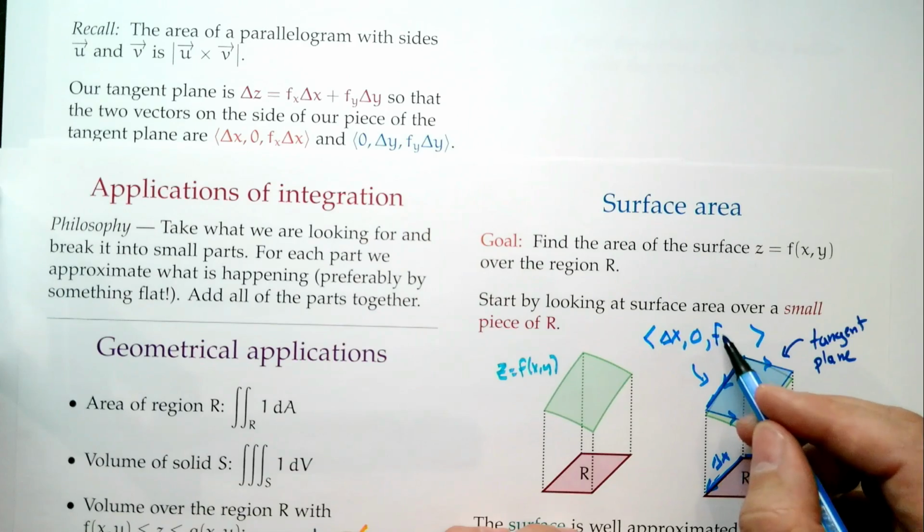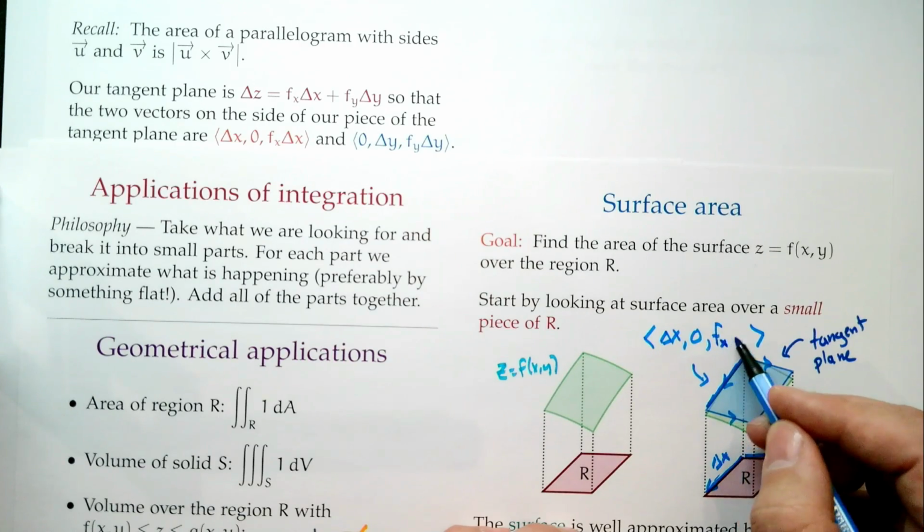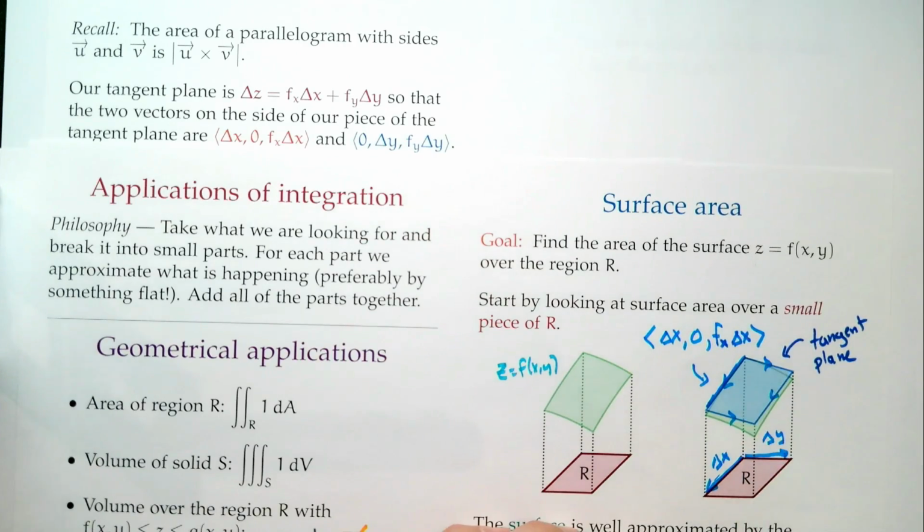The answer is it's the partial derivative with respect to x times the change in x. And if you do the same idea for this other direction along this side, you're not moving at all in the x direction. So that's going to be 0. You move change in y in the y direction, and then your z part will be f sub y, change in y. So those are our two vectors that correspond to the two sides.